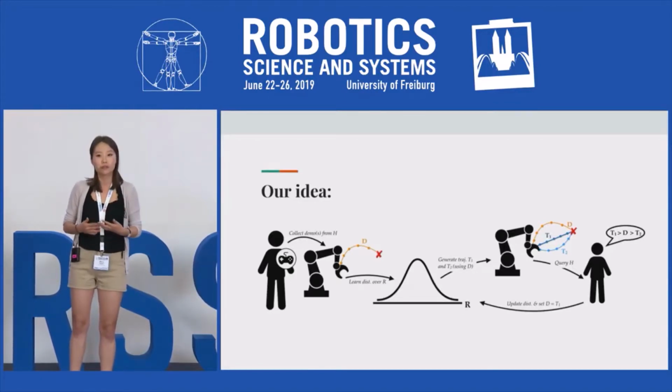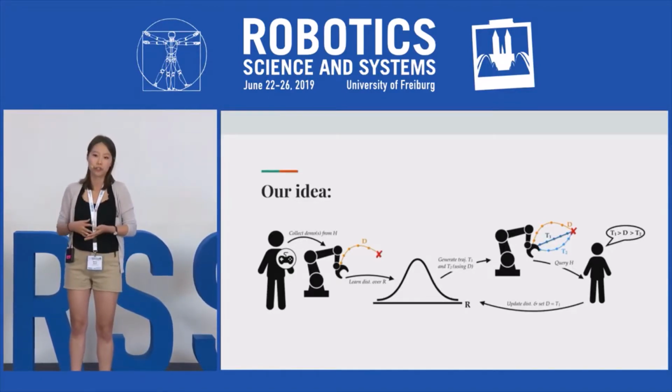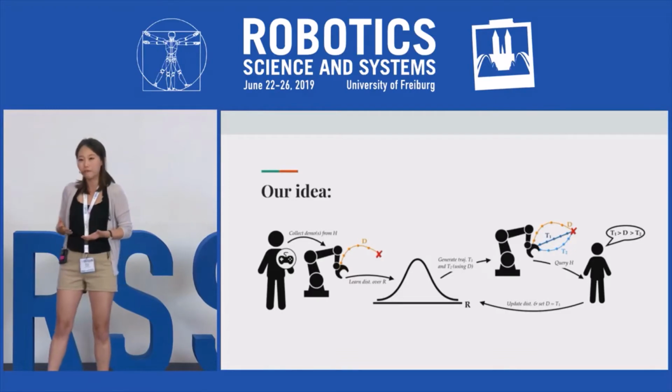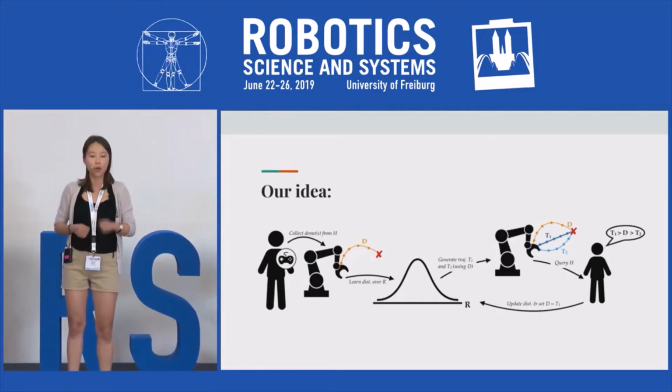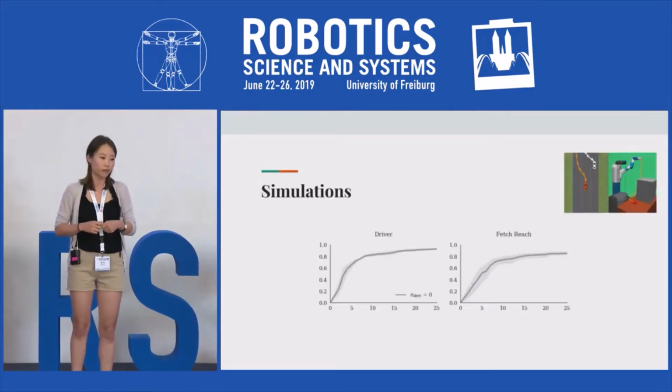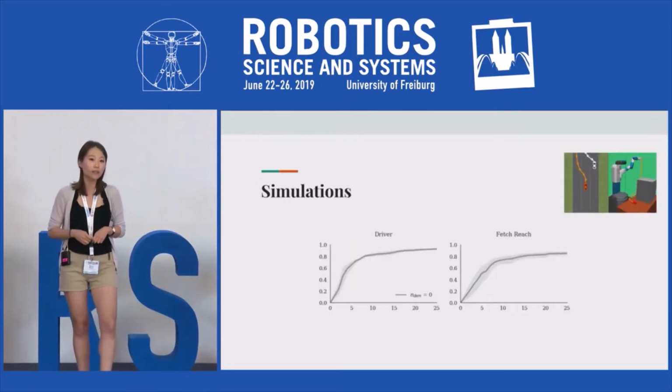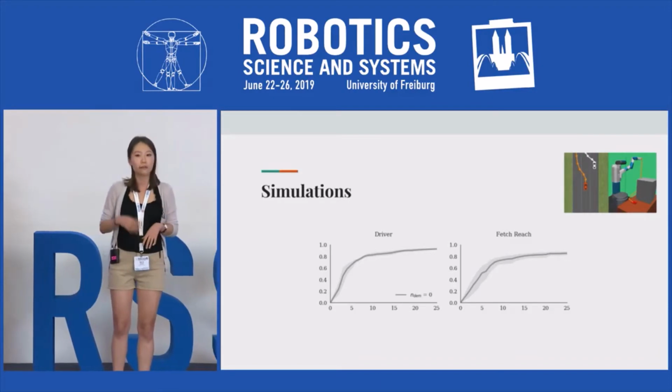And we repeat this until we converge on the true reward function. Also, since we're using preference-based learning in a much smaller space, there are far fewer queries required to learn the reward function.